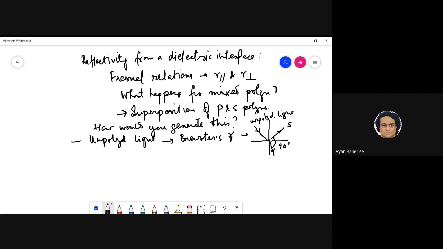Sir, won't the transmitted part at Brewster's angle be a superposition of S and P? Yes, it is supposed to be if you come in with mixed polarization, but if you have unpolarized light, then the reflection might select only the S part, the out-of-plane part. But will the transmitted part get resolved into polarized?